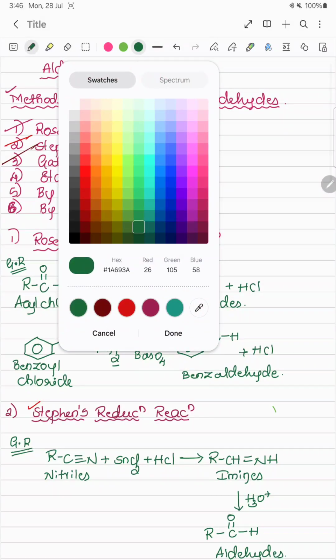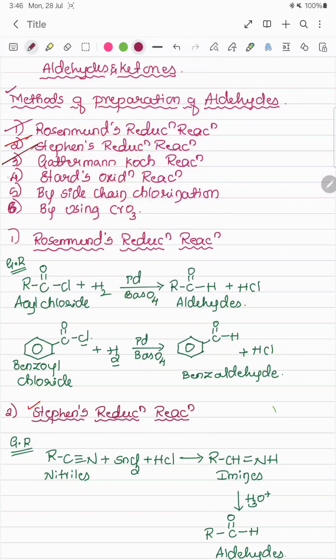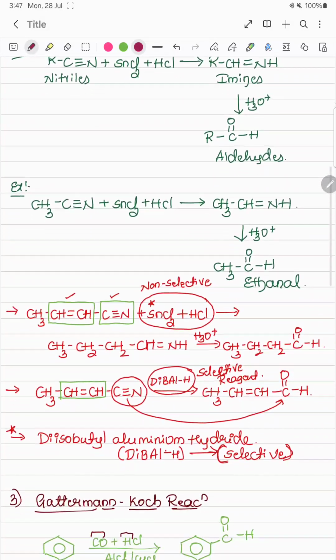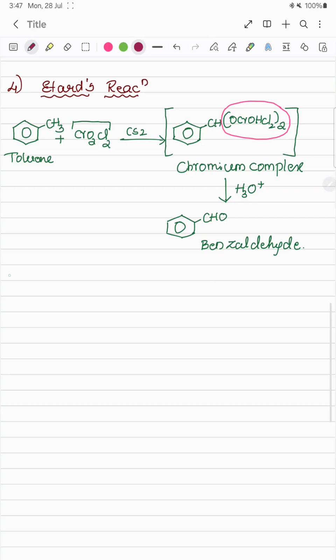We are moving on to the next reaction now, by side chain chlorination of toluene. So reaction number 5 we are moving on, students, by side chain chlorination followed by hydrolysis. This is also going to be one of the most important reactions.